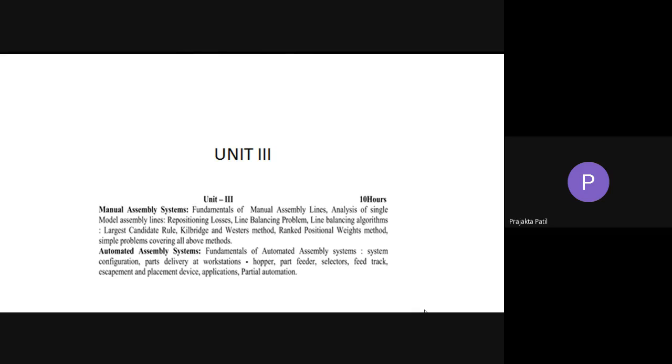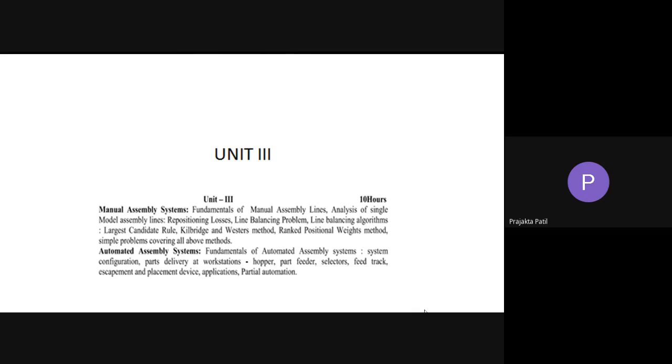After all those operations have been performed, all those different elements are then assembled in order to make a final end product, right? So assembly basically is a process of building up all of those elements in order to make one final product. Here again you have the option of either a manual assembly line or an automated assembly line.